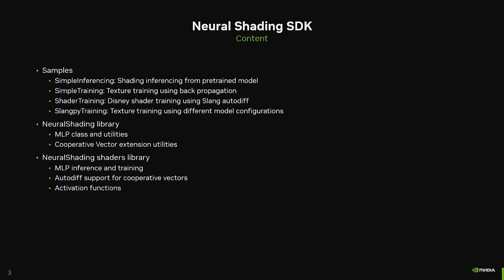The first sample is about inference of a pre-trained neural shading model. The second is about texture training using the backpropagation algorithm. Then Disney shader training using Slang autodiff. And we also have a Python interface for Slang, SlangPy, and a sample for that.